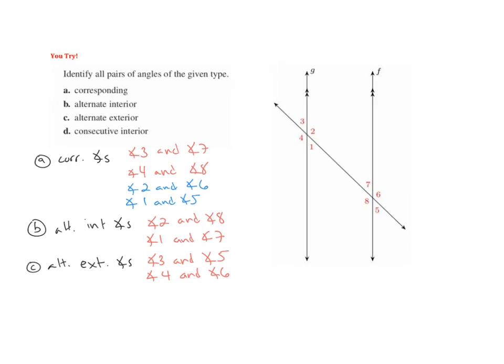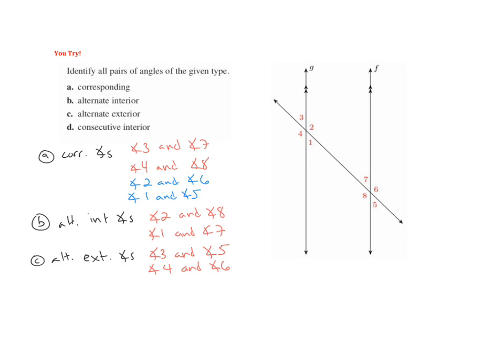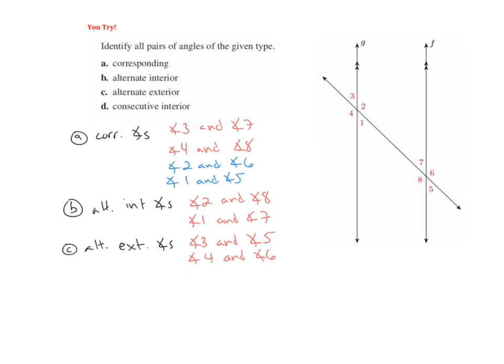All right, now the last relationship that we could have with these parallel lines is consecutive interior angles. These angles are, of course, on the interior, on the inside, as their name says, but consecutive meaning together or on the same side of the transversal.